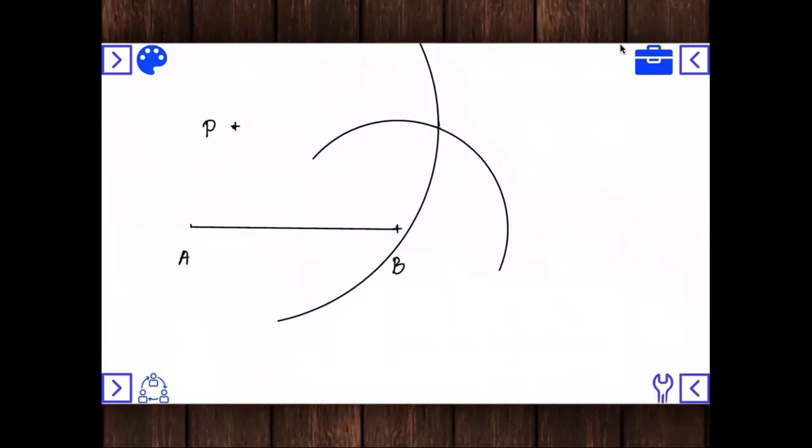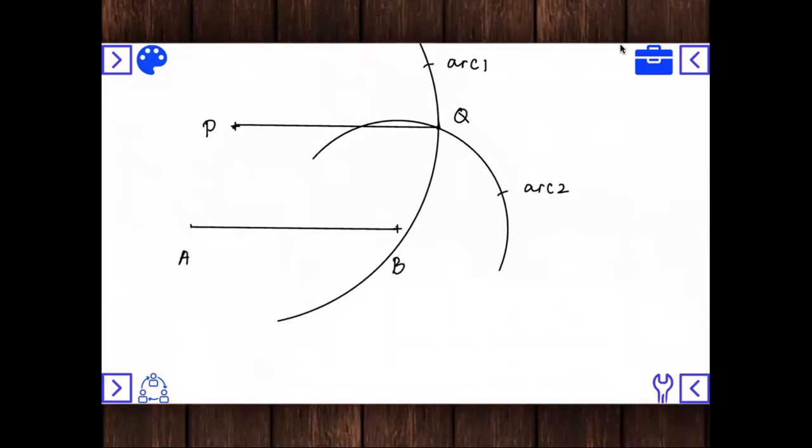So let's call this Q. Okay. Let's call this arc 1 because that's the first arc that we drew. And this is arc 2. Okay. And now I'm claiming that if I join point P and point Q, then PQ is parallel to AB.